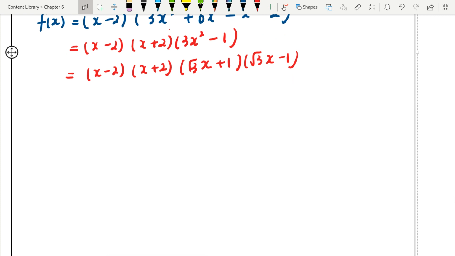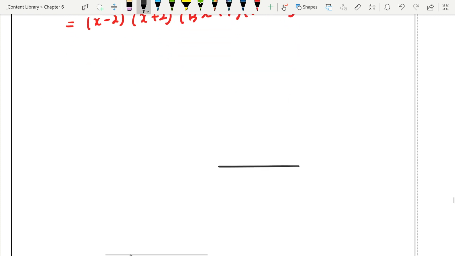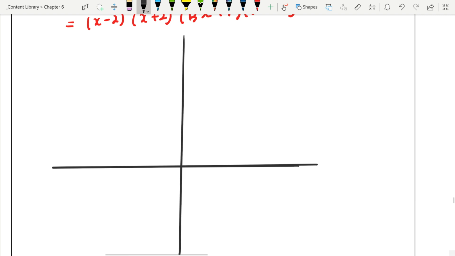You're trying to factorize, you're not going to combine it. You can do that, no problem. Yeah, how do we sketch it? All right, what are the x-intercepts? Give me the 4 x-intercepts.